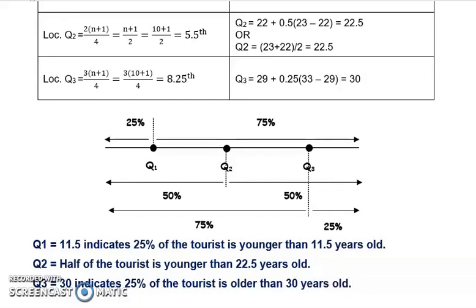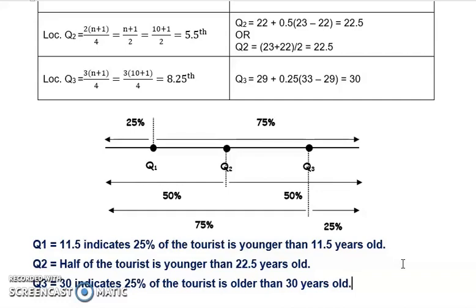Or we can also interpret Q3 as indicating that 75% of the tourists are younger than 30 years old. Okay, so that's how we calculate Q1, Q2, Q3 for ungrouped data.